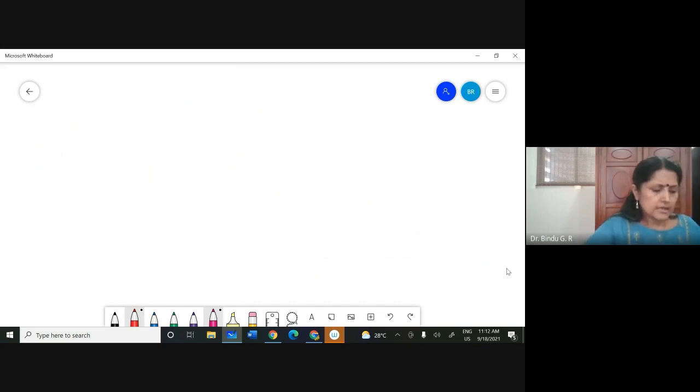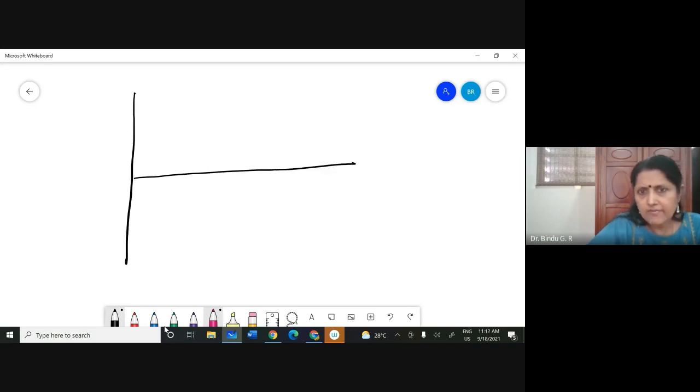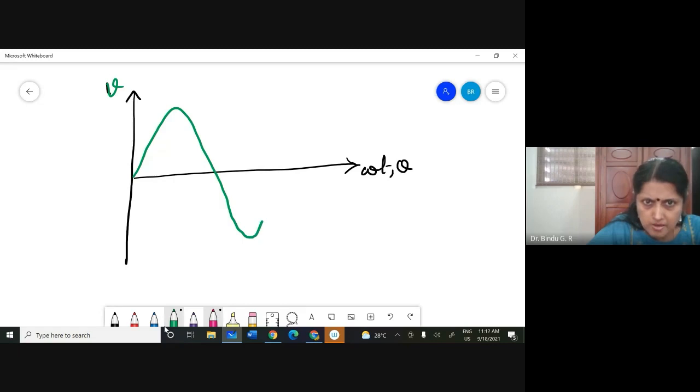And also the phasor. So if I draw the waveform, this is omega t or theta. This is, say, voltage. I'm drawing this voltage. And if I draw the current.